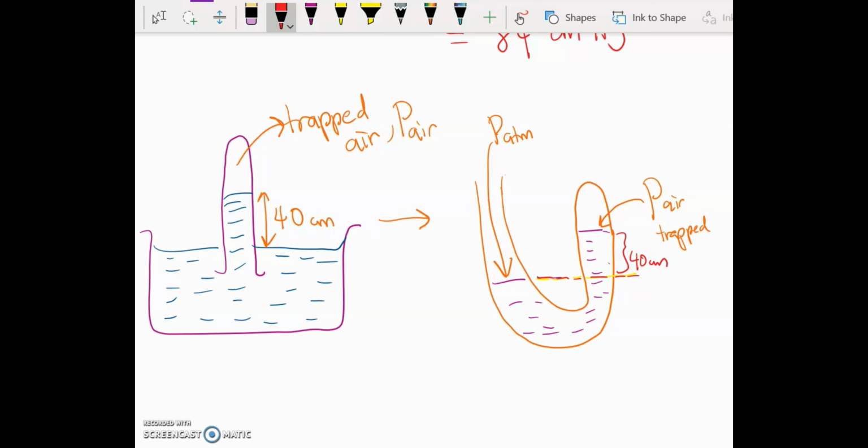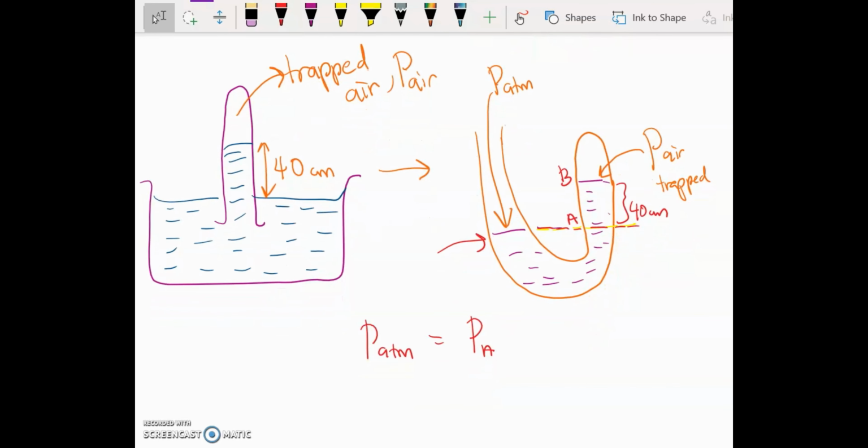Okay, so now I will label here A and here is B. To find the pressure of air trapped, you know that at the same level, atmospheric pressure is equal to the pressure at A. But what about B?